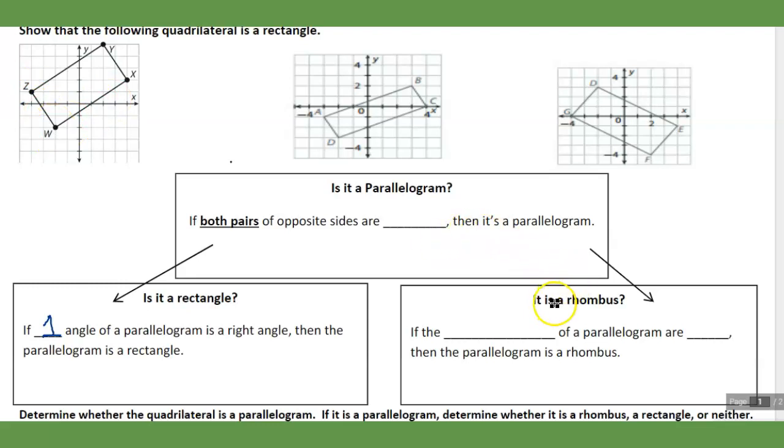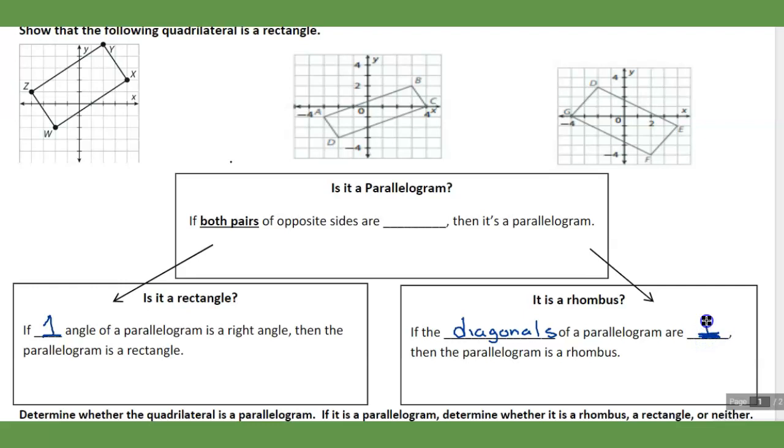And there are many ways of proving something's a rhombus, but the definition is all 4 congruent sides, which means you have to do the distance formula 4 times and show it's identical. So it's quite a bit of work. But there was another property about the rhombus that said the diagonals are perpendicular.